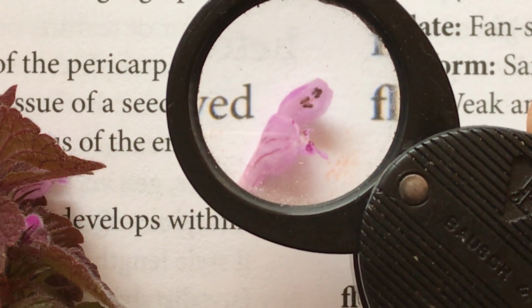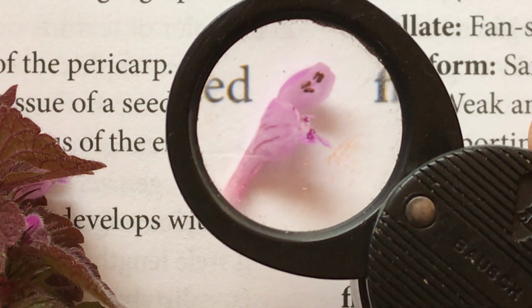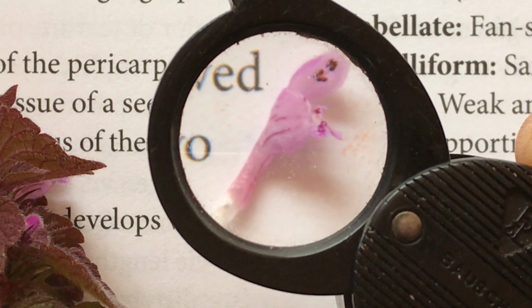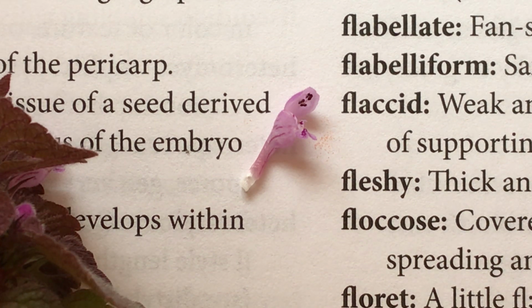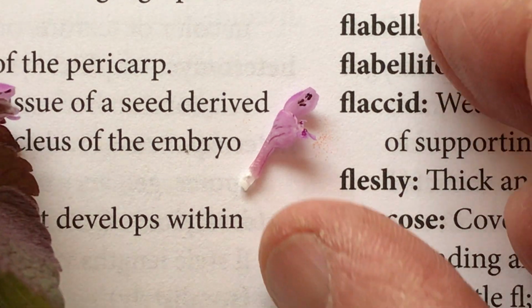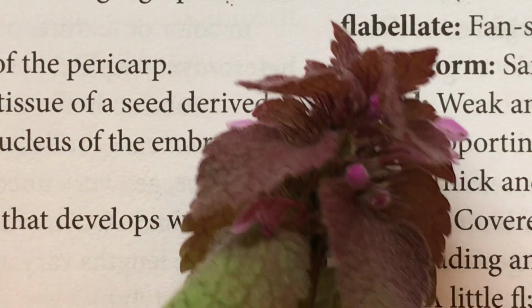See the stamens in the very top there are brown, and we can look for the other flower parts too. This is the definition of gamopetalous, gamo meaning fused petals.